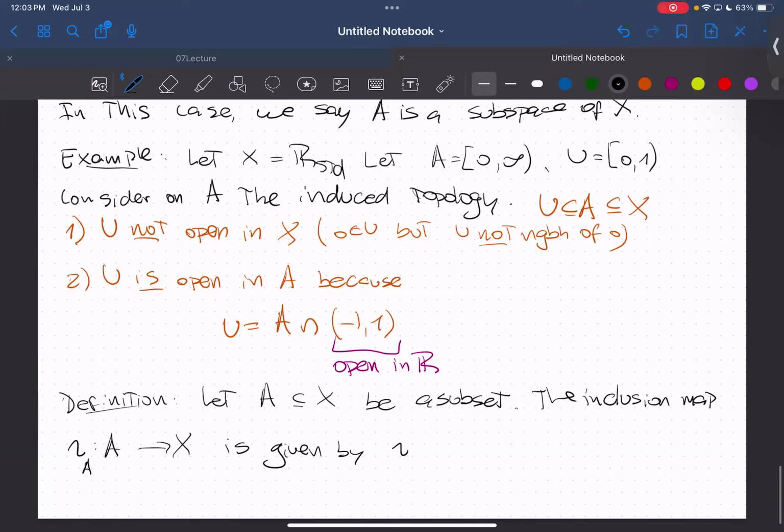I take iota sub A and evaluate it at an element a in A. Inclusion shouldn't be doing much, and it's actually not doing much. It's a, and that's for any a in the set A. So this map is not the identity because the domain is not the codomain.